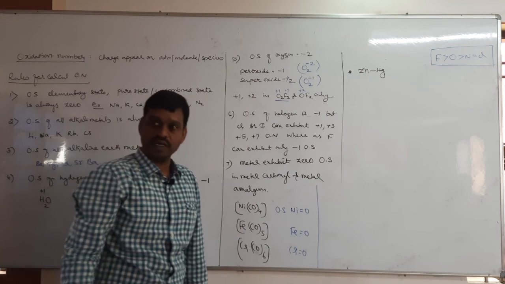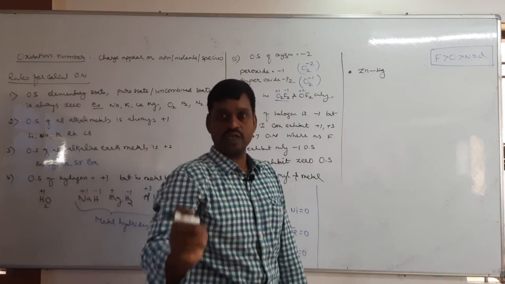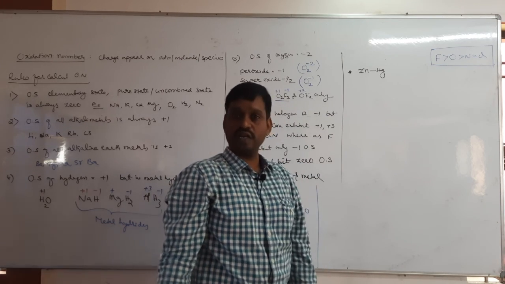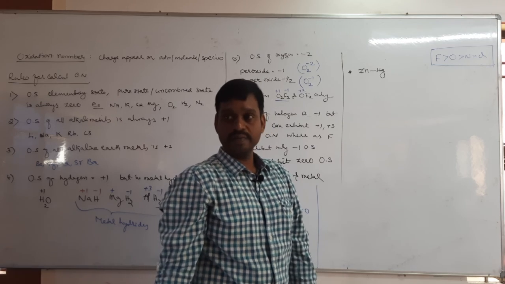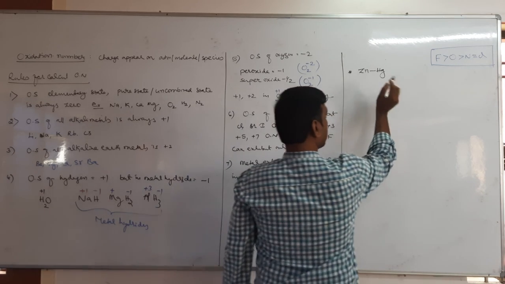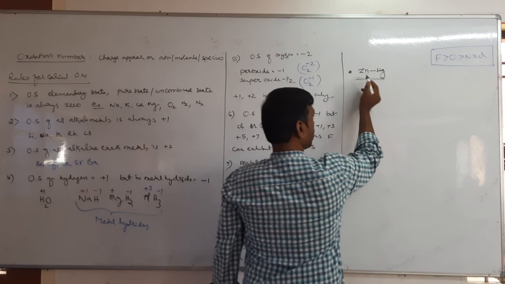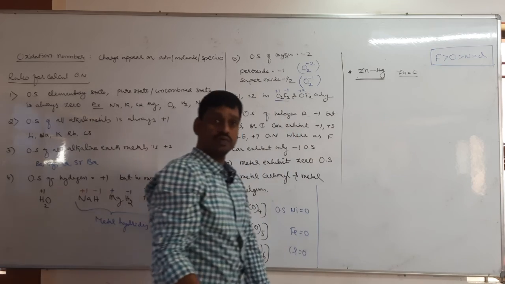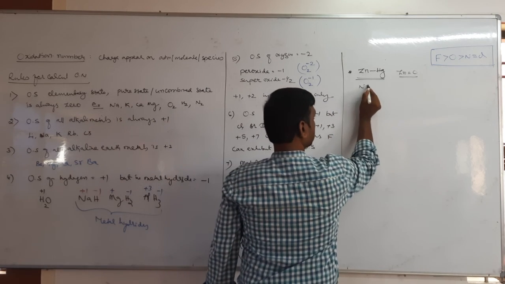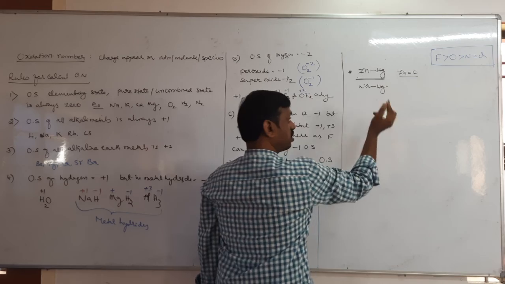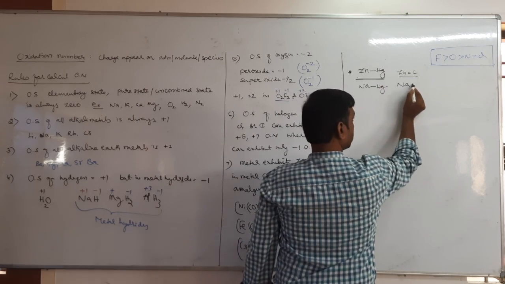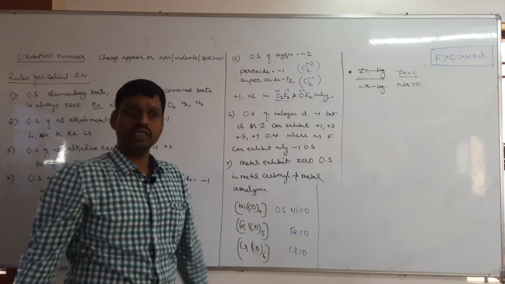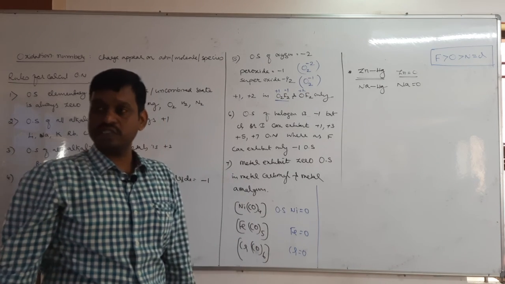Aldehydes and ketones undergo reduction in the presence of Clemmensen reagent, zinc amalgam and concentrated HCl, which converts them into alkanes. So in zinc amalgam, zinc has oxidation state 0, and sodium amalgam, which is also a reducing agent, has sodium in oxidation state 0. Therefore, in all amalgams and metal carbonyls, metal carries 0 oxidation state.